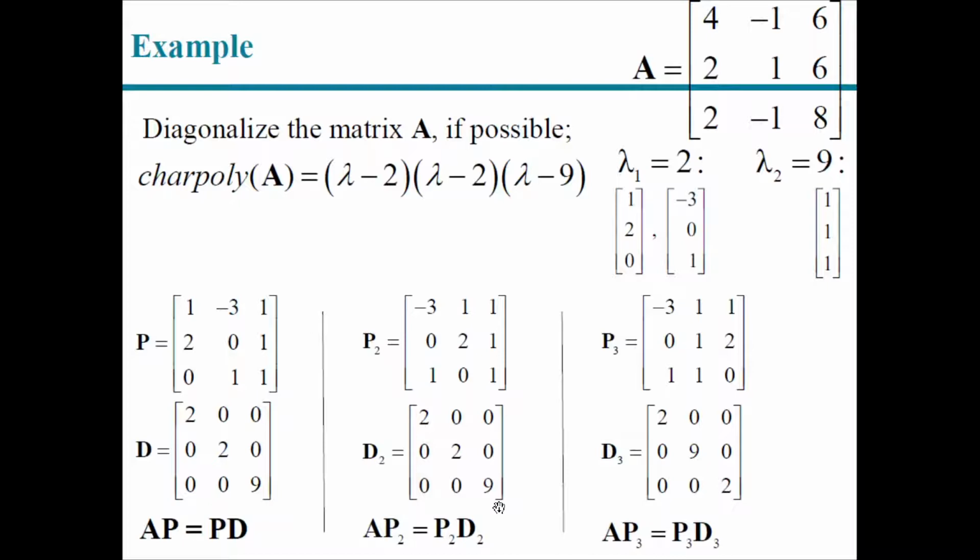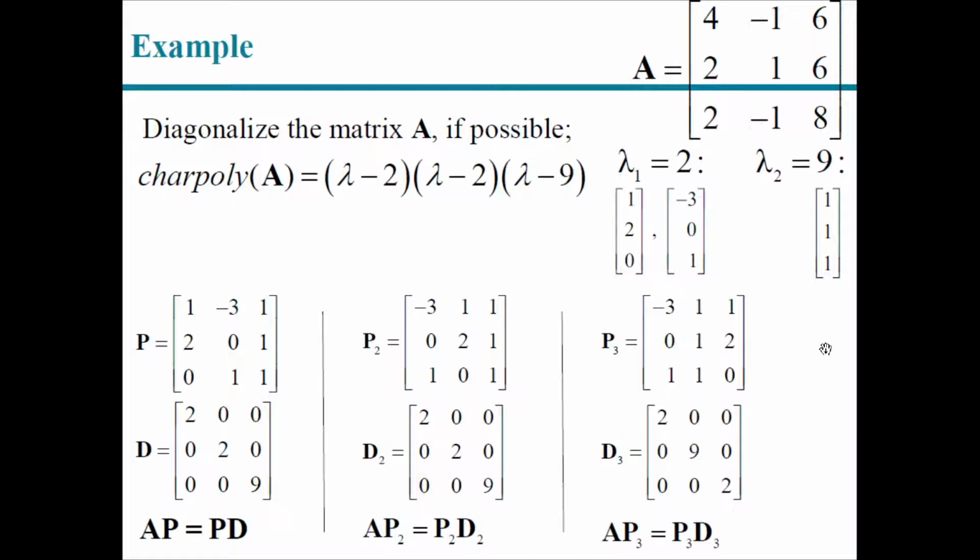Or you could put one eigenvector corresponding to 2 in the first column, the other one in the last column, and the eigenvector corresponding to 9 in the middle column. That's fine too. Your choice. Just follow the order. Should I put this one in the first column and this one in the third, or the other way around? Doesn't matter. They are both associated with the eigenvalue 2. So you pick your choice. It's fine. Just follow the order.